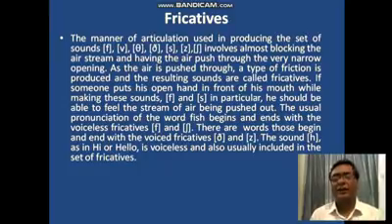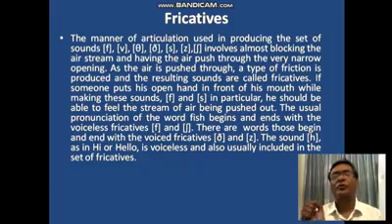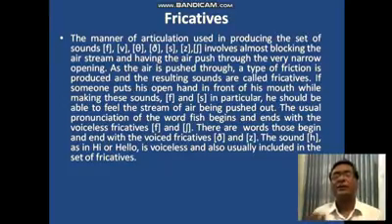Remember, fricatives are sounds produced in the manner when we are blocking the air stream and having the air pushed through a narrow opening. We are not fully opening our mouth. We are creating a narrow opening and allowing the air to come through that narrow opening of our mouth. In this way, the sounds which are created are known as fricatives.